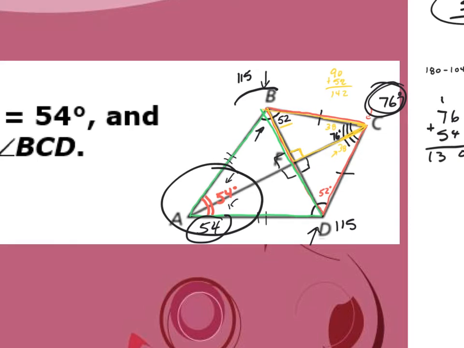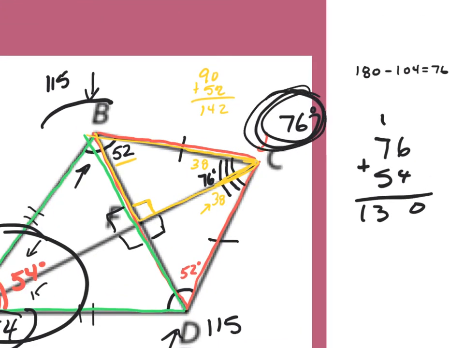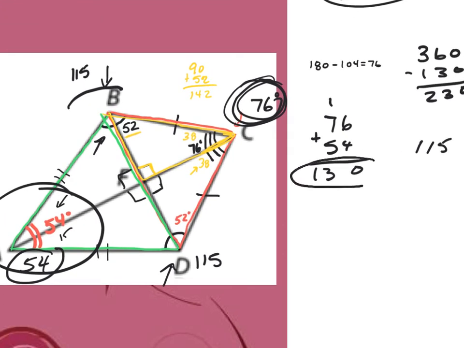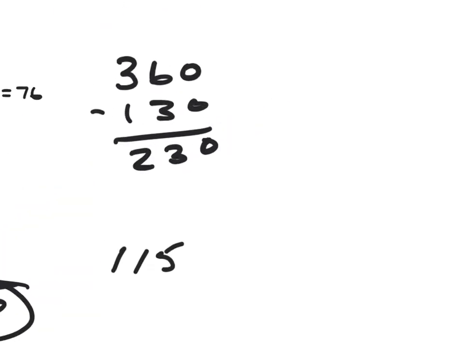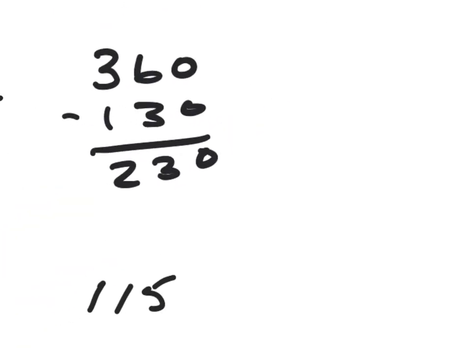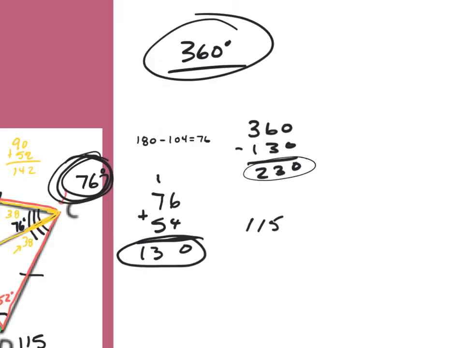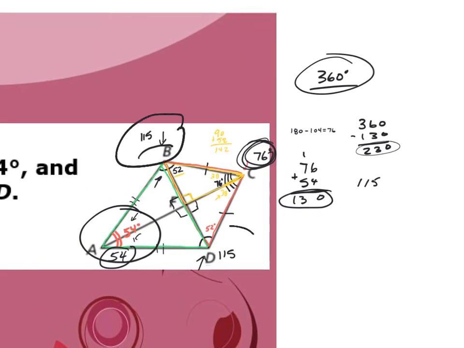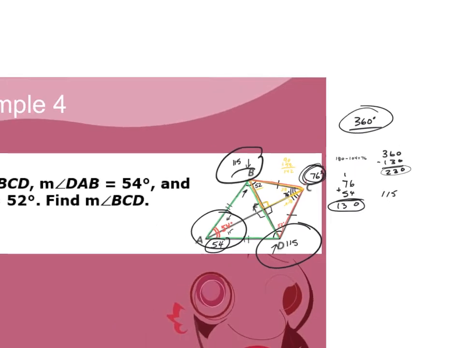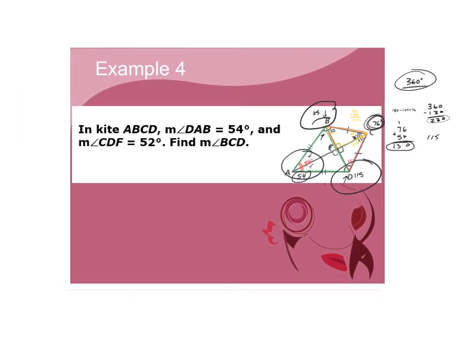And together, we figured out that this was 76 degrees. So 54 and 76 was 130 degrees. 360 minus the 130 we've already accounted for was 230. So there were 230 left for these two congruent angles right there. So I split it in two because they're congruent. Then the 115 took me even further. So there's a lot going on here. We got to work through them.